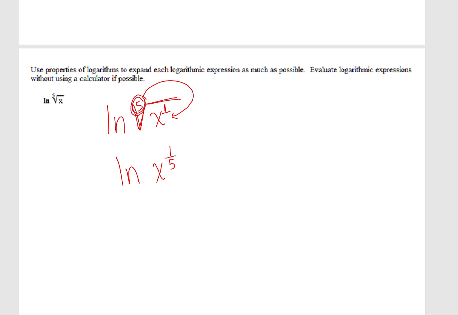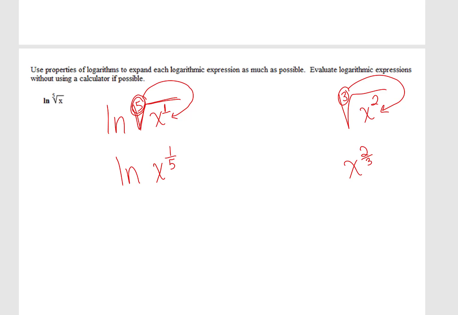And just to show you, if I had the cube root of x squared, I would take that index, plop it in the denominator, and have x to the 2/3. All right, so now I have it as an exponent.